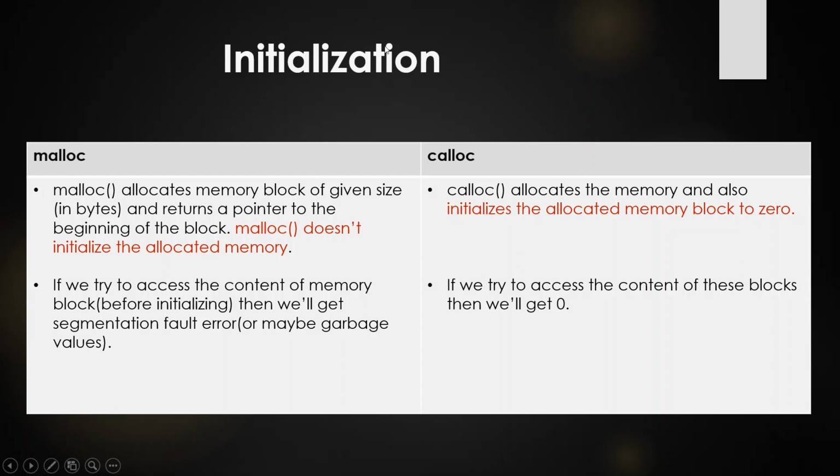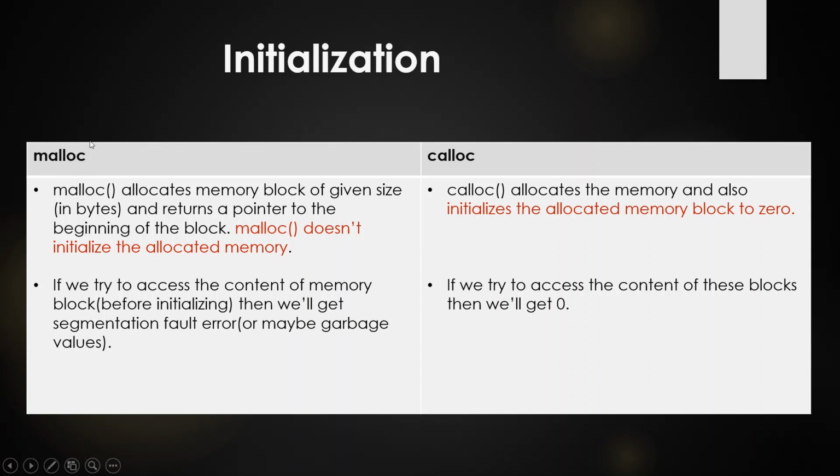First difference, initialization. Malloc allocates a memory block of a given size in bytes and returns a pointer to the beginning of the block. Malloc doesn't initialize the allocated memory. Calloc allocates the memory and also initializes the allocated memory block to 0. Malloc and calloc are both used for dynamic memory allocation. After creating dynamic memory using malloc, we won't initialize it to 0.